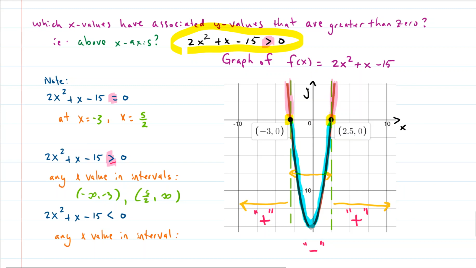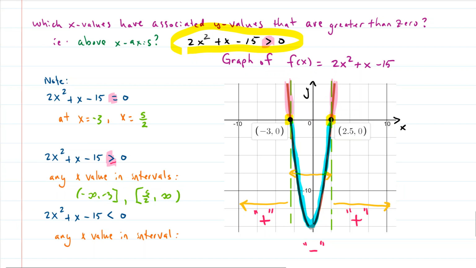But now that we want equal, we can change these parentheses to brackets, because now not only do we have the intervals that it's above the x-axis, but we also have the points where it's equal to 0, which are the endpoints, -3 and 5/2. The brackets include the endpoints and the parentheses don't. So what about the last one? Where is it negative?